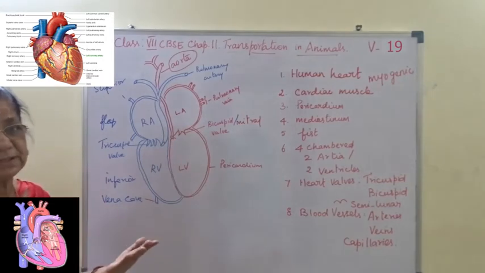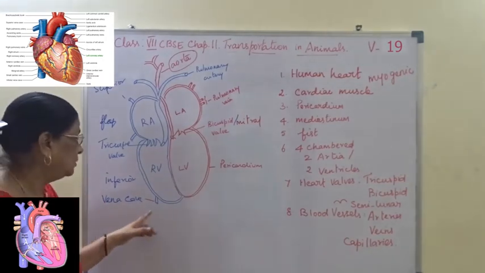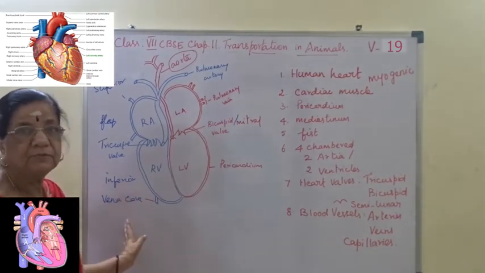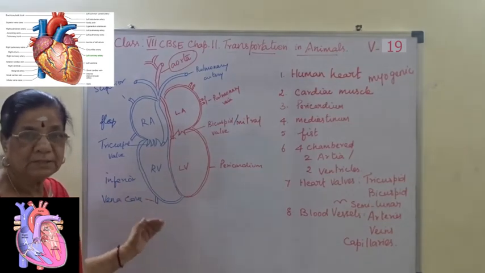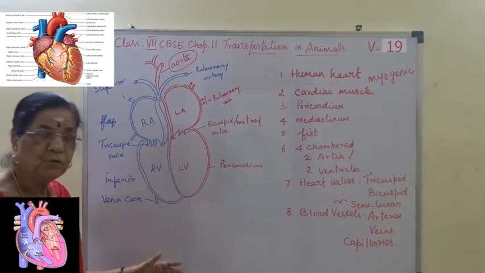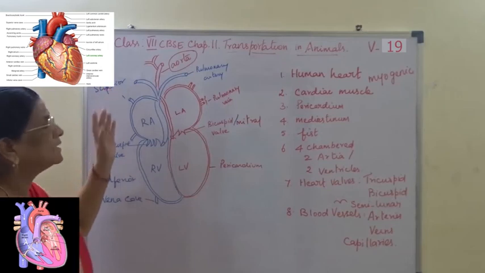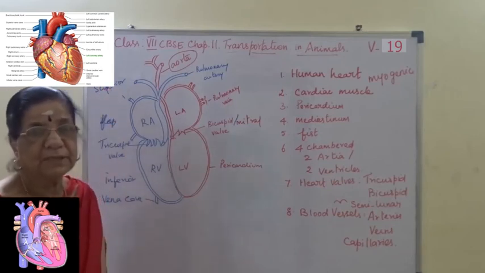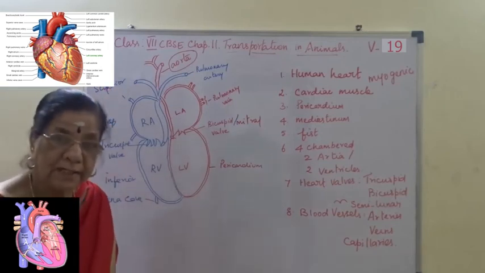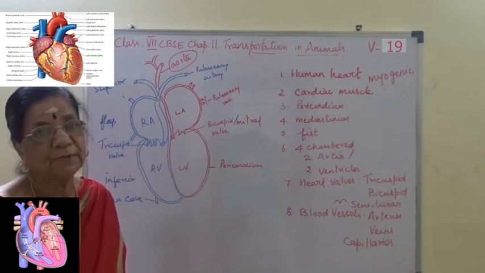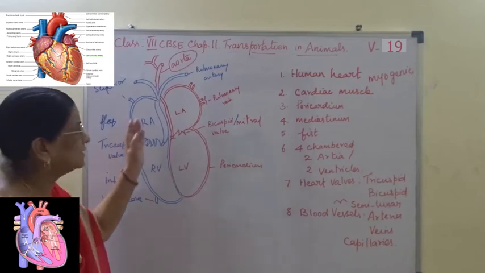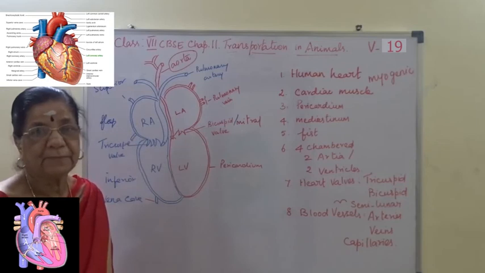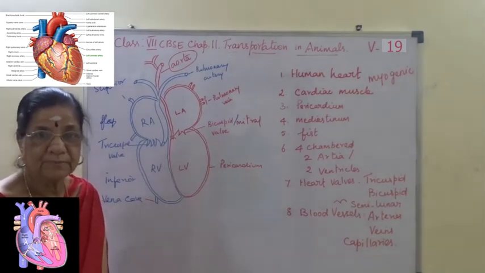I hope you are understanding. So now the inferior vena cava collects impure blood from lower part of the body, whereas superior vena cava collects blood from anterior part of the body, and both of them are reaching the right atrium. Are you clear?